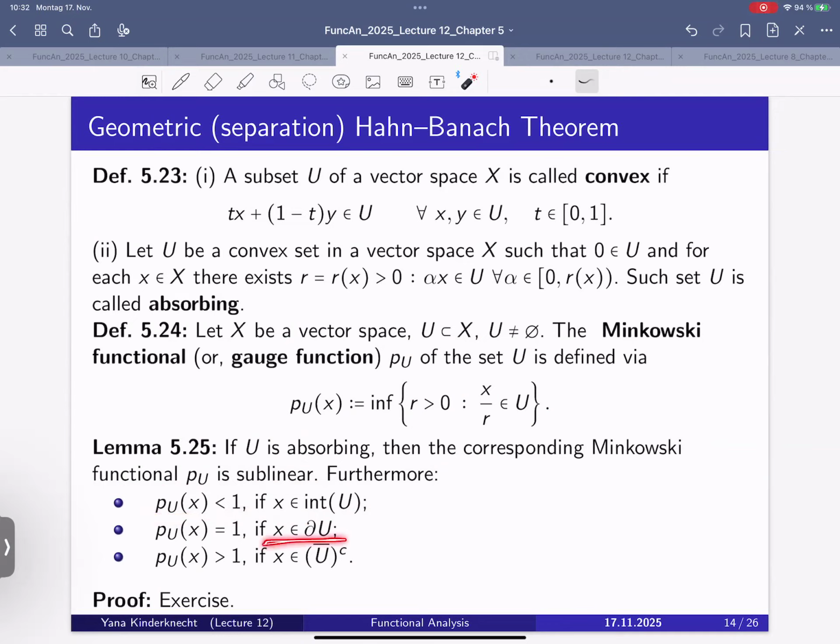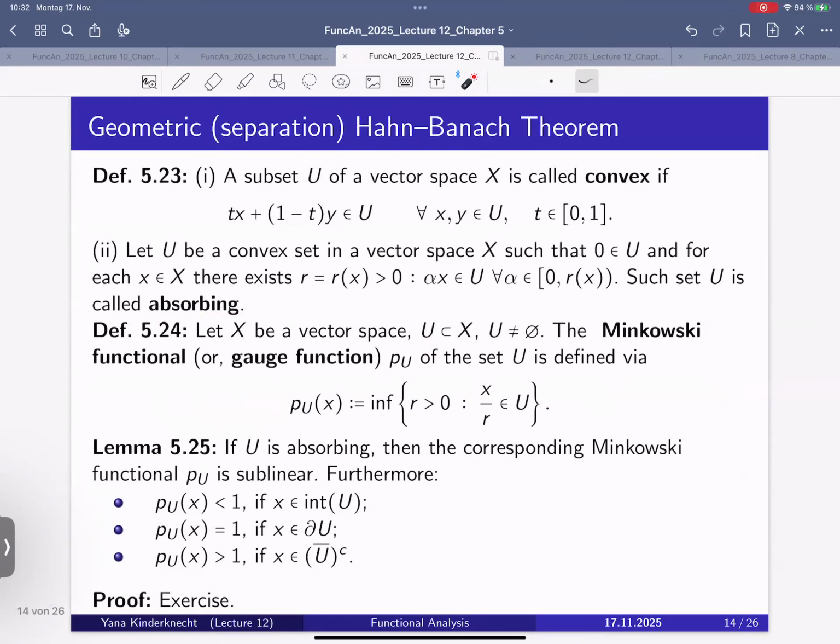For all points on the boundary of U, the Minkowski functional is equal to 1. And for all points which are in the complement of the closure of U, so exterior points, the Minkowski functional is strictly larger than 1. It is an exercise. Just look at the definition of the Minkowski functional and the definition of the absorbing set.